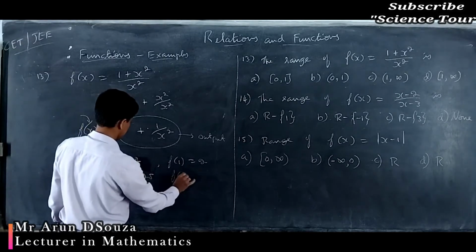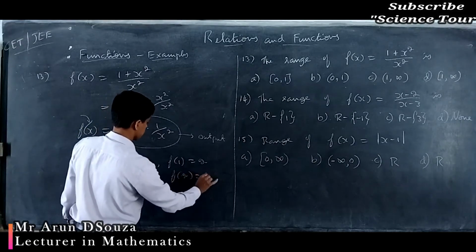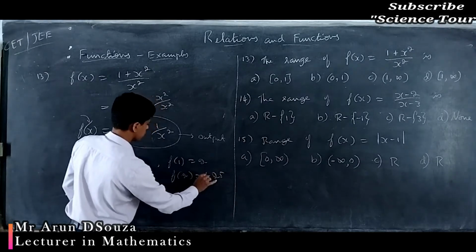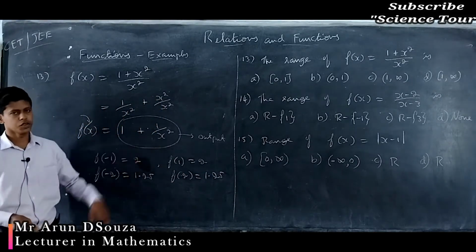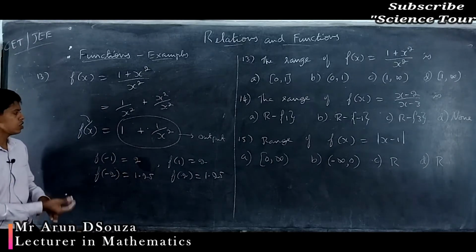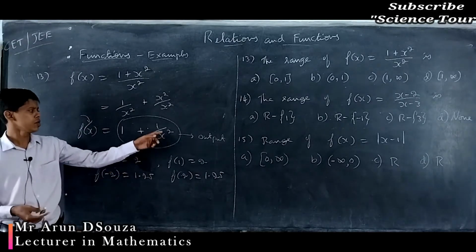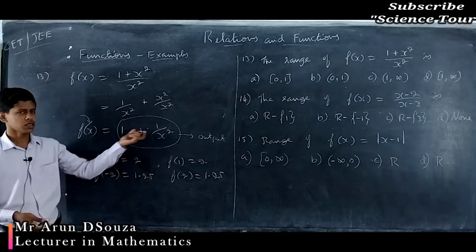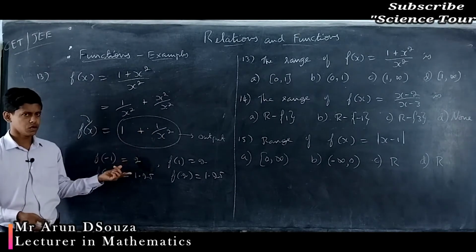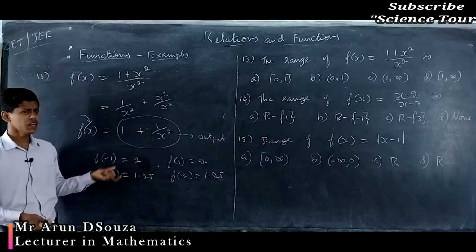And if you put 2 here, that is also the same because you have a square. So positives and negatives give you the same output. If you put 3, that will be 1 by 9, so 0 point something, so 1 plus 0 point something. Always you will get 1 point something.